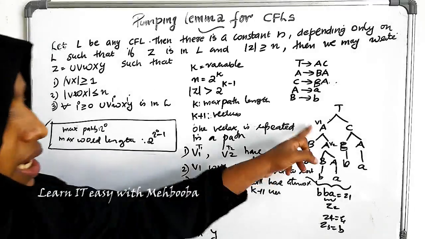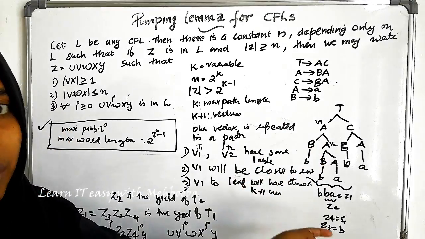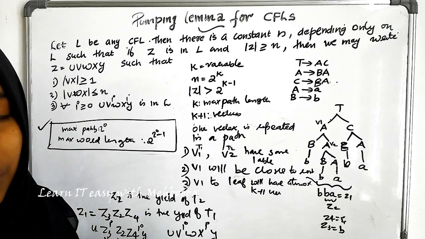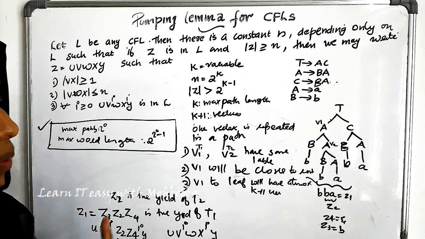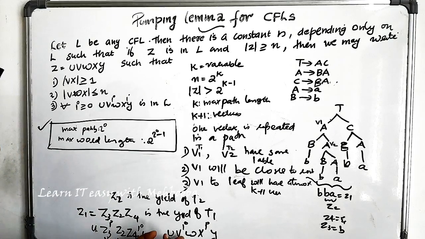And since the same labels appear along a particular path, as I told, that means the variable is recursive in itself. That can be repeated any number of times. So this V and X can be repeated any number of times, and they should be repeated the same number of times. Either of them can be epsilon also, that doesn't matter.